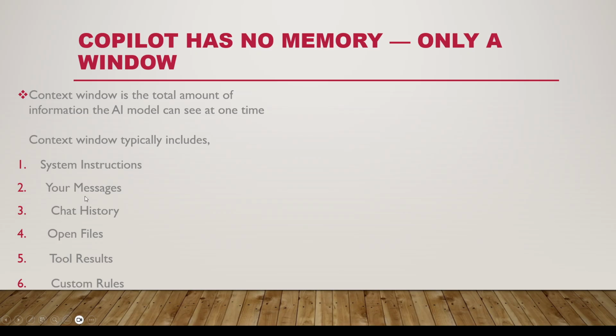Any message that you send to a Copilot prompt is also considered as a context. If you have asked any questions in the past in chat history, that is also considered as a context. If any files are opened in your editor, that is also considered as a context. Those files that are open in the editor will also be sent as a context to Copilot.